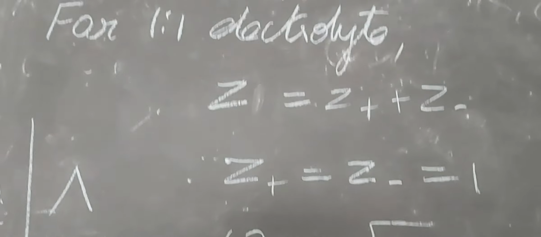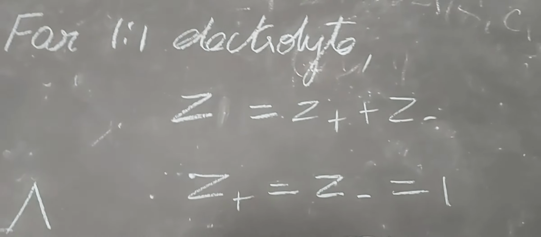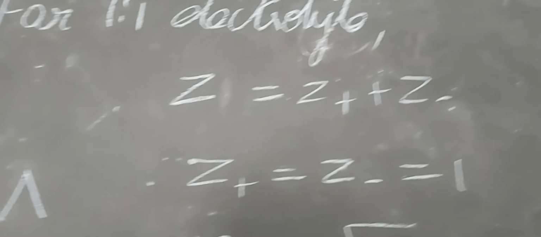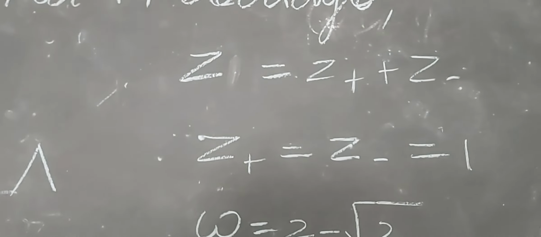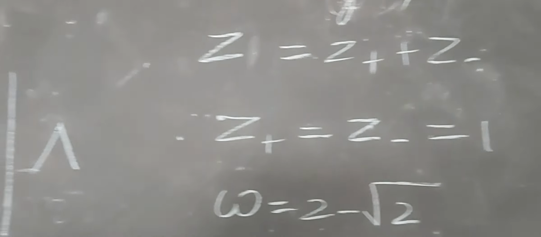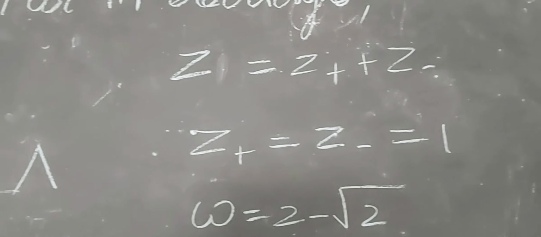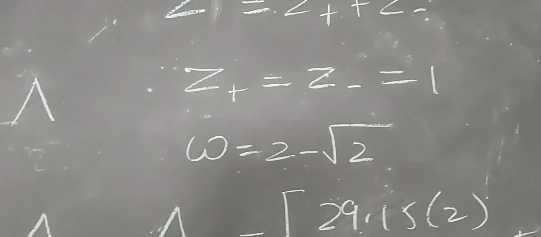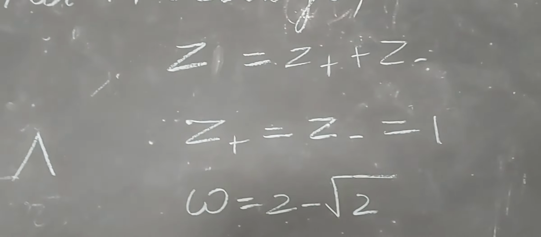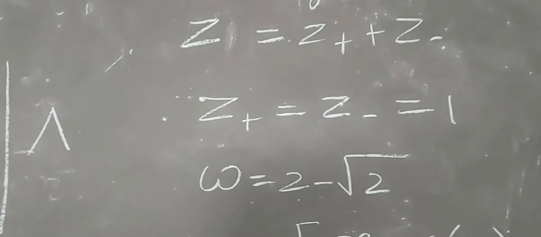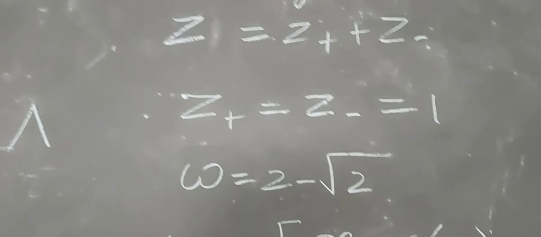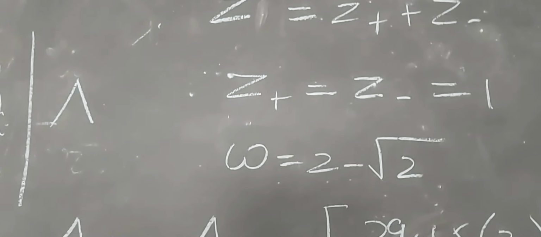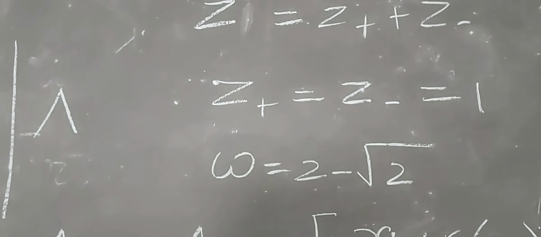The Z value is 1, and I am substituting the Z value in the omega formula. What is the omega formula? Z plus Z minus into 2q divided by 1 plus root of q. Substituting all these values in the omega equation, I am getting the omega value as omega equal to 2 minus root of 2.